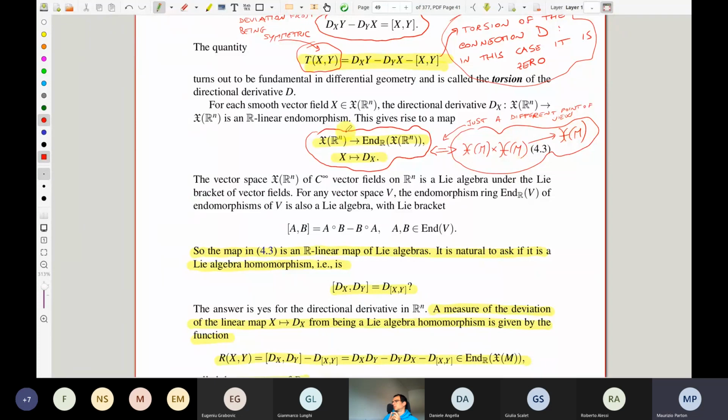So this is a map that you put inside one vector and you obtain what? A black box that takes vectors and gives back vectors. So you obtain an endomorphism of vectors. Can you understand? This is just the same as this. It's just a different point of view.